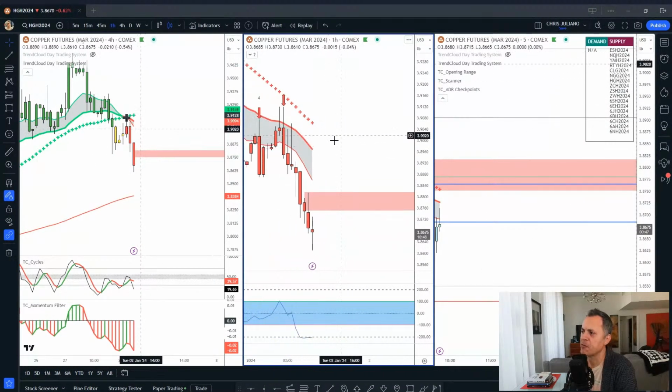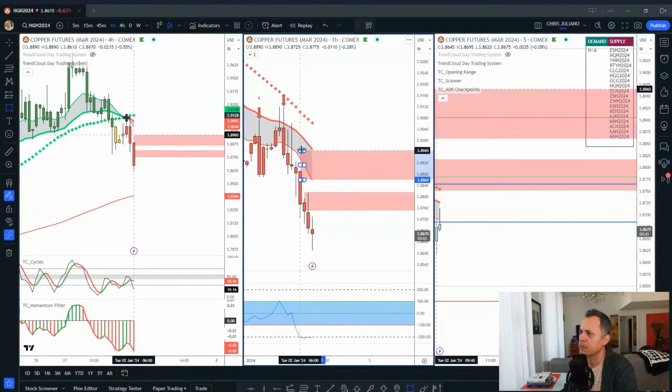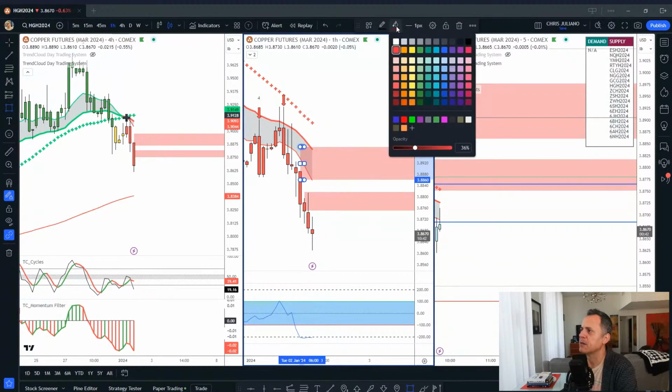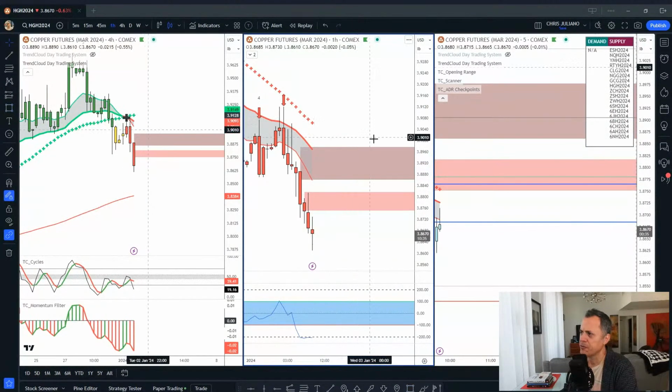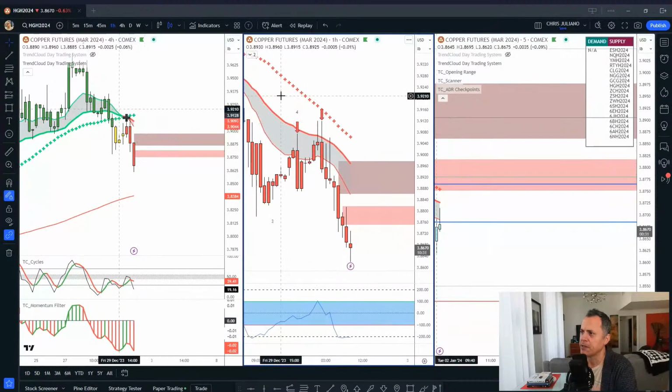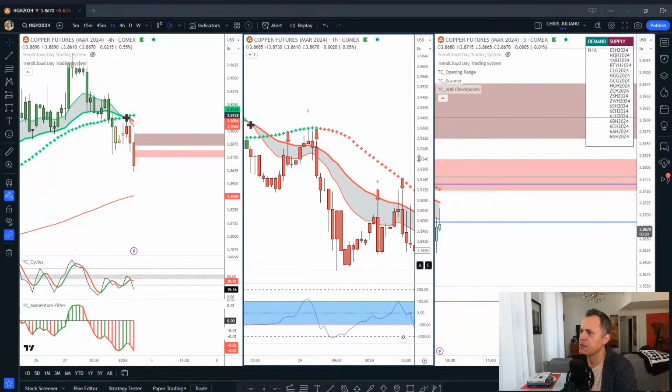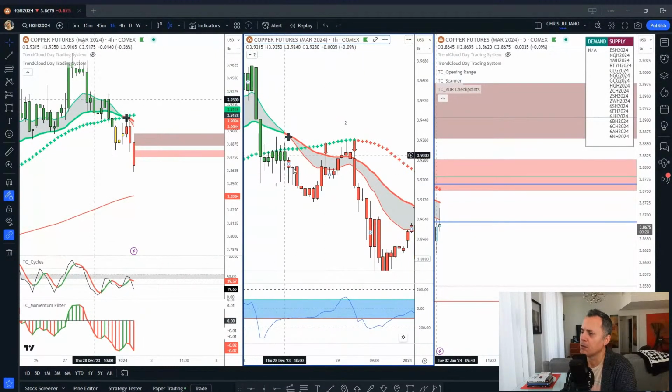On the higher time frame, we've got the 1 hour. Let's make that a darker red. The darker color is the 1 hour trend cloud. Okay, do you see how it works here, guys? Impulse down, correction into the trend cloud.